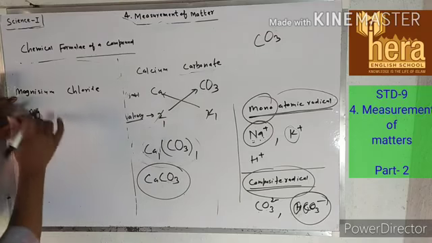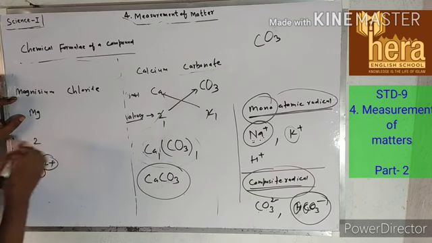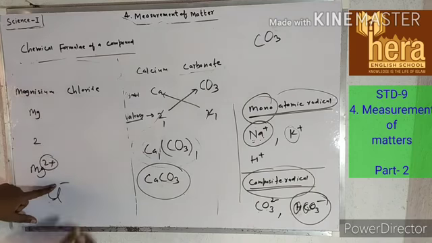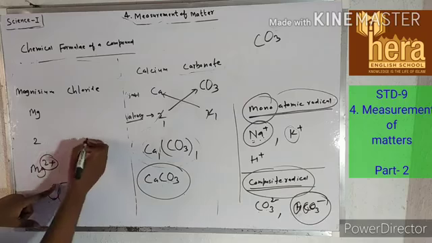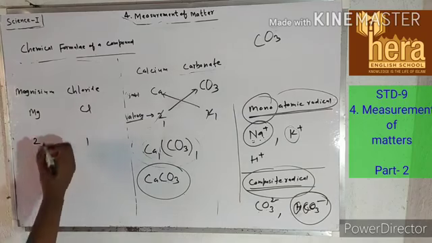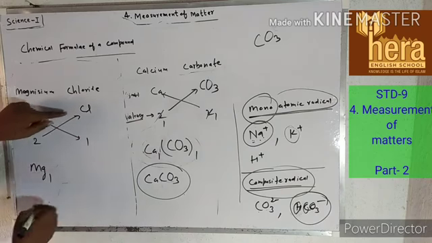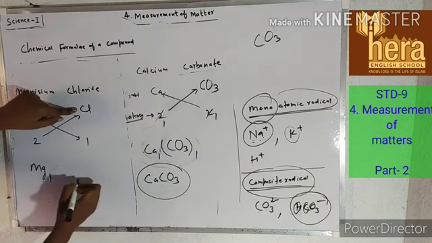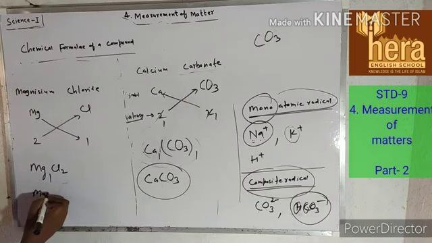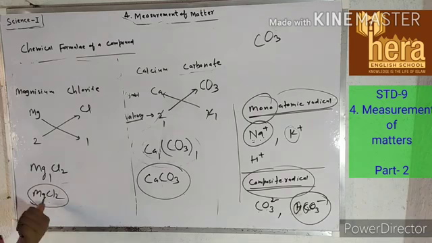In your textbook, Mg2 plus is written. The 2 represents valency, so write the valency here. Chloride in your textbook is given as Cl minus, so minus means 1 minus. Write 1 here, and the symbol will be Cl. So it will be Mg1. There is only 1 atom, so no need for a bracket. Cl2. No need to write 1. So this will be MgCl2. In chemistry language, if you want to write magnesium chloride, you can write MgCl2.